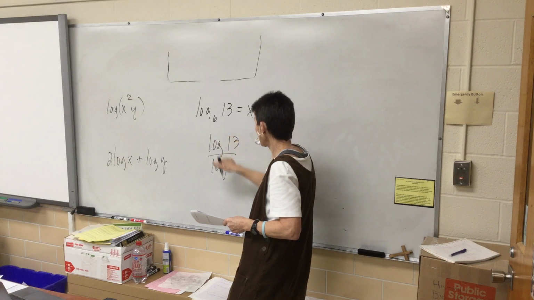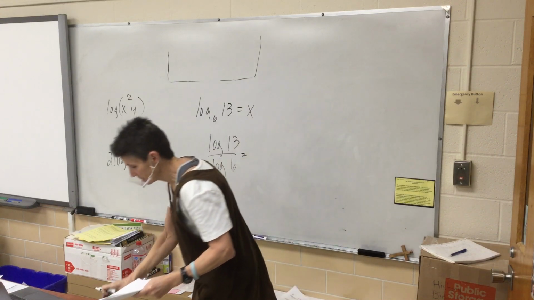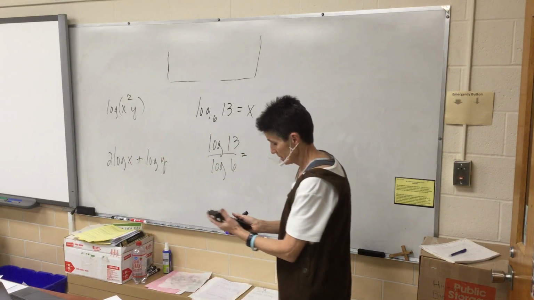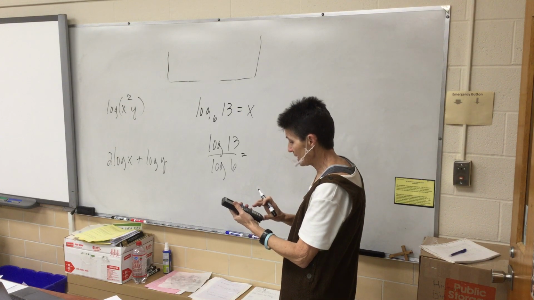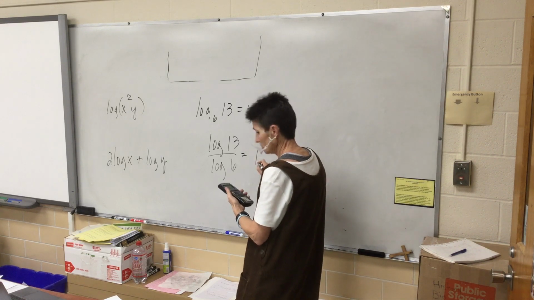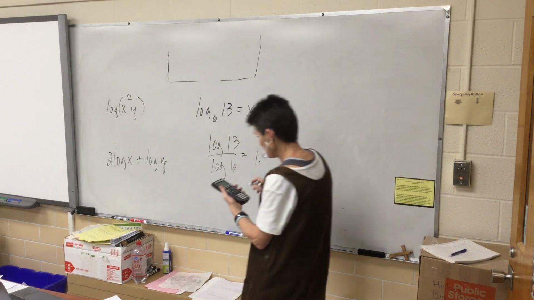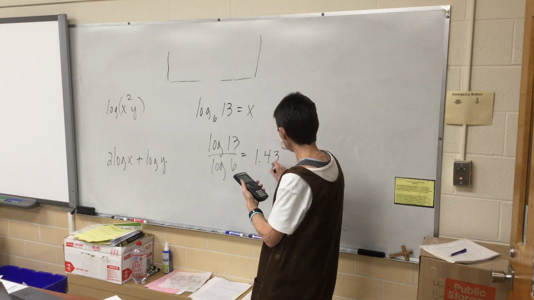Always, always, always. So we type this in on our calculator. Log 13 divided by log 6. And we get 1.432.